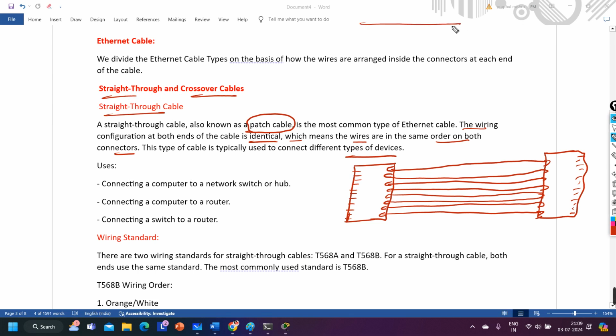You will purchase Ethernet cable from the market. You will purchase RJ45 connectors, and then you are going to insert the wires in this order. Like here I will put wire number 1 in pin number 1. Then on this side also I will put the same wire in the same pin. That type of cable is a straight through cable.